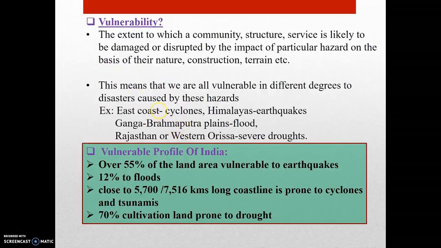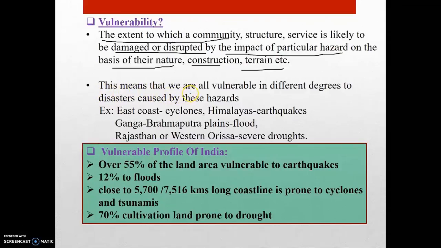So what is vulnerability? Vulnerability means the extent to which a community, structure, or service is likely to be damaged or disrupted by the impact of a particular hazard, on the basis of their nature, construction, terrain, etc. This means that we are all vulnerable in different degrees to disasters caused by these hazards.